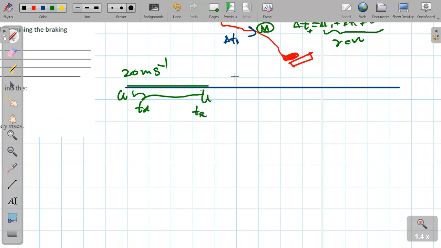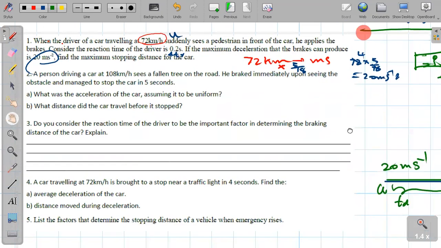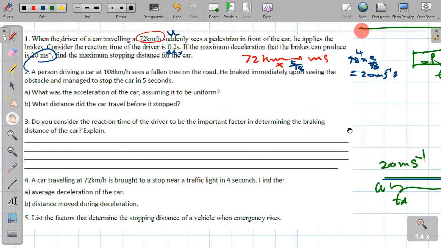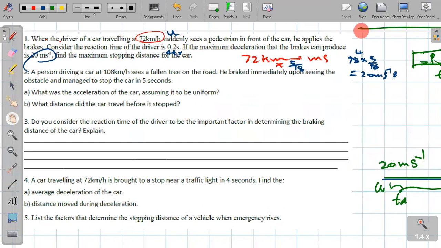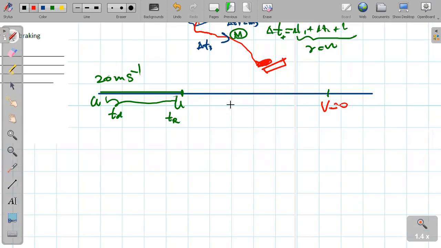After that, the real braking process will be applied. So it is applying a maximum deceleration of minus 20 ms minus 2, and the stopping distance of the car we don't know. Finally, we know one thing, velocity is 0, and the deceleration is minus 20 ms minus 2.